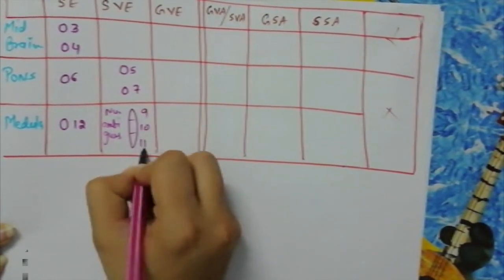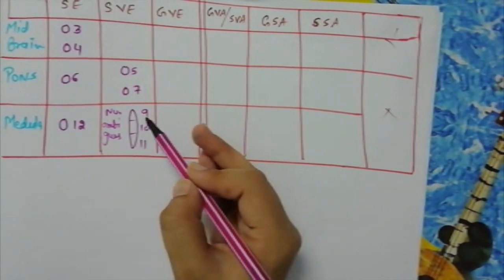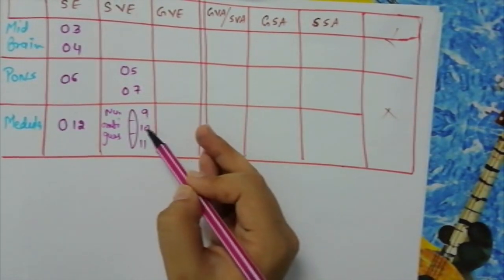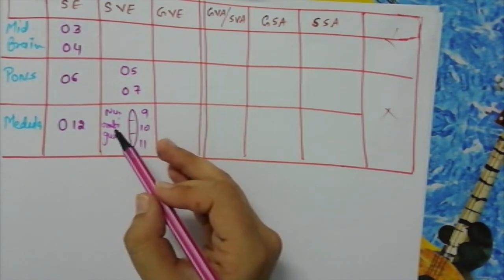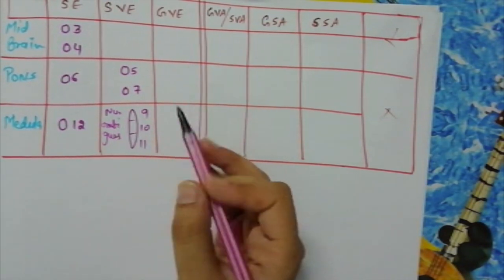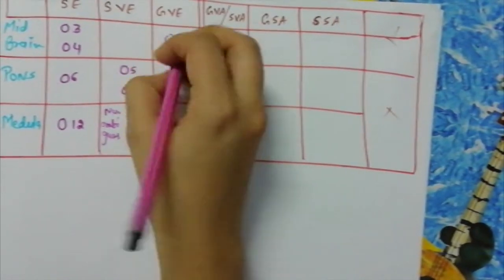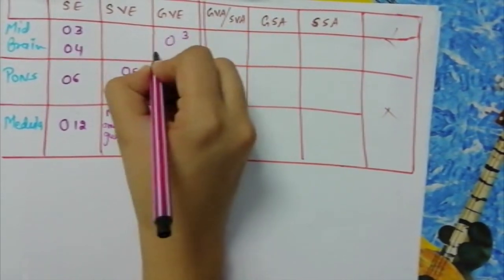9th, 10th and 11th. These nerves have this component, and this is the Edinger-Westphal, which is 3rd nerve nuclei.